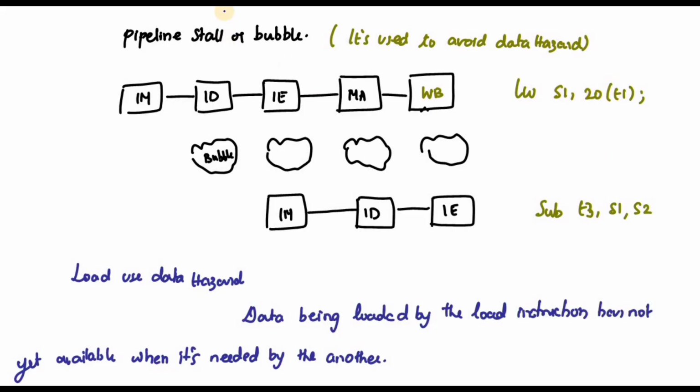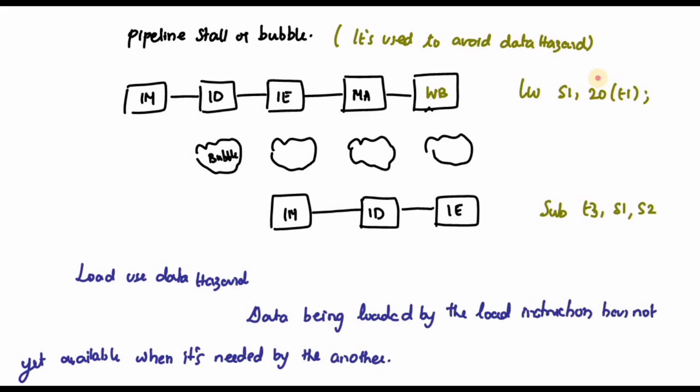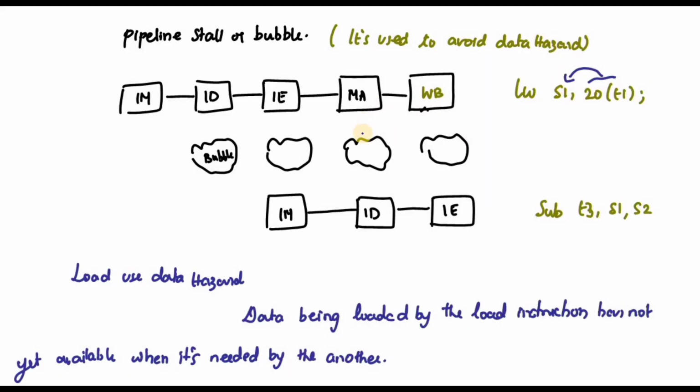So this will happen only at this stage. It is going to write the data of S1 only at this stage. But without using the pipeline stall, the subtraction will start here, right? So it will be IM, ID, and IE.